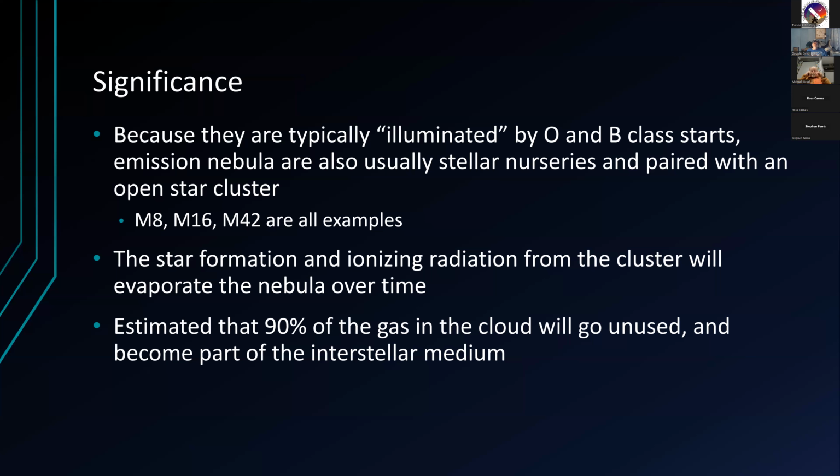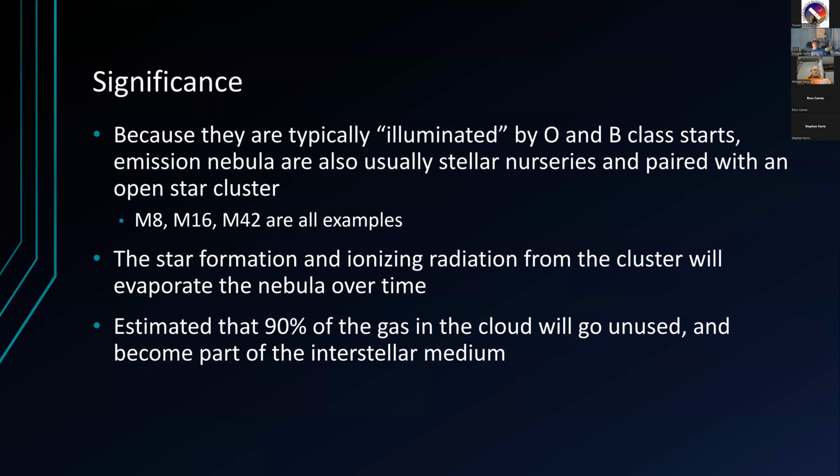As part of this, the stars themselves also contribute to the death of the nebula. The ionizing radiation from the young stars is going to push the gas away and cause it to diffuse. And it also inhibits star formation. Star formation can only occur in the very coldest, most dense regions of nebulas.